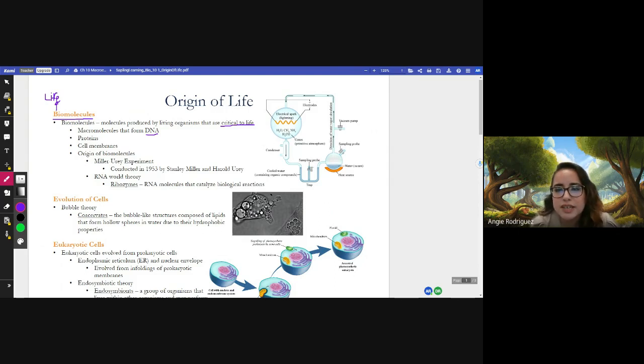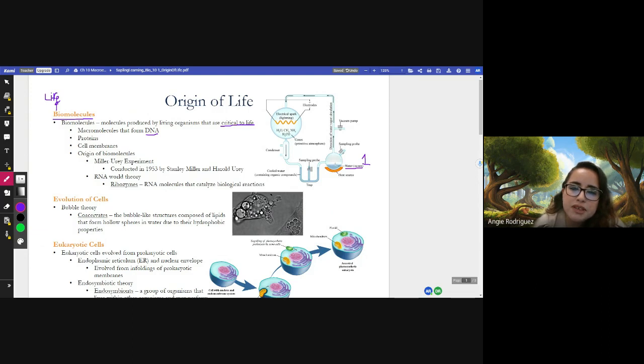And this thing over here is a little setup or apparatus, as they call it, on how they recreated Earth's early atmosphere. So the way it works, really quick, that I'm going to show you here on the right where my cursor is, it starts over here at the bottom where it says water or ocean. So this would be step one. This is supposed to recreate the ocean, and it is being heated up by the heat source here.